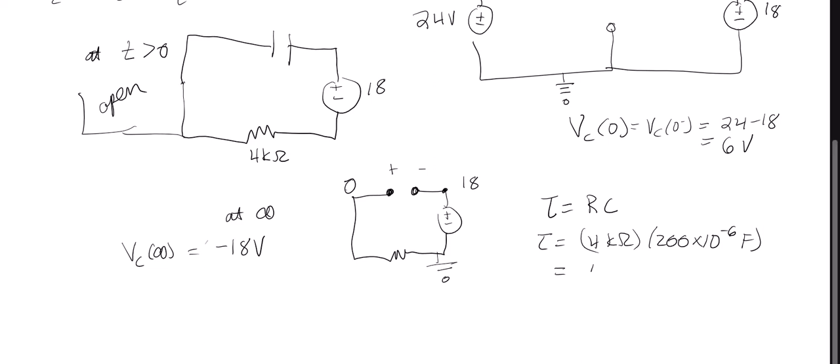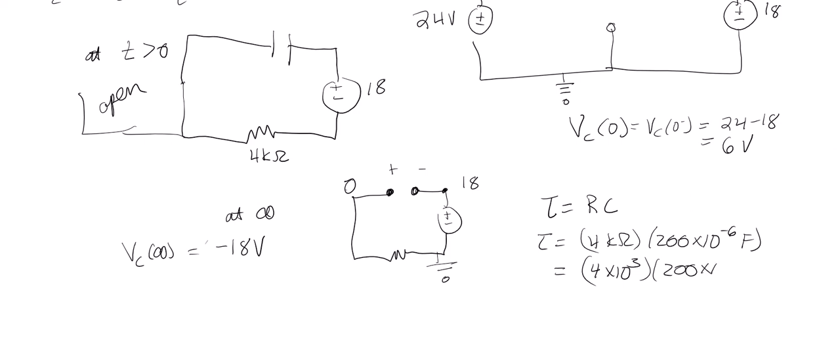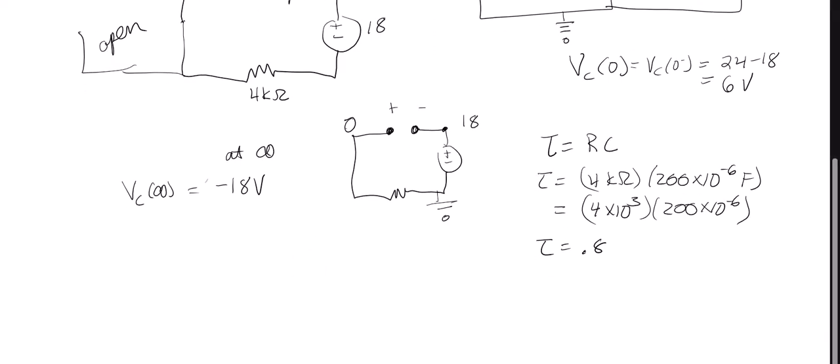So that's 4 times 10 to the third times 200 times 10 to the minus 6, which is 0.8. So now I have everything I need.